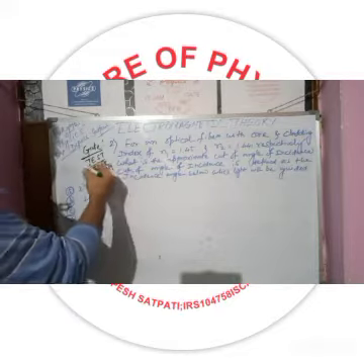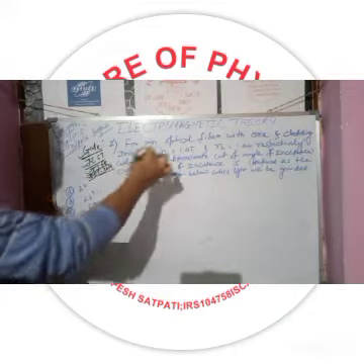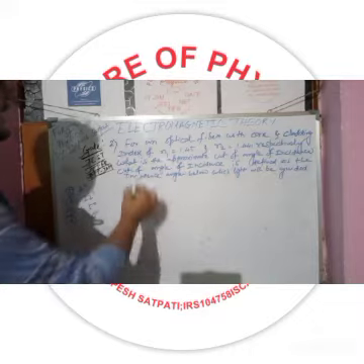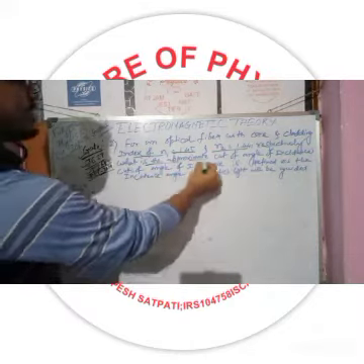Next, second question. It's useful for GATE, JEST, TIFR and IIT JAM. For an optical fiber with core and cladding indices n1 equals 1.45 and n2 equals 1.44 respectively, what is the approximate cutoff angle of incidence?